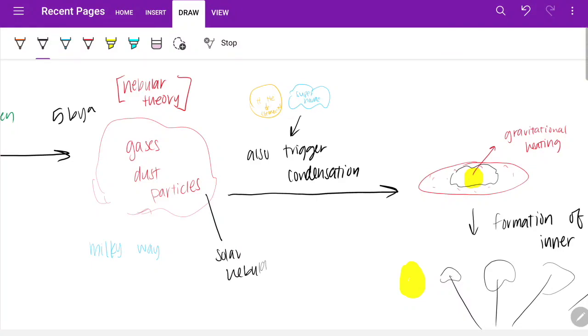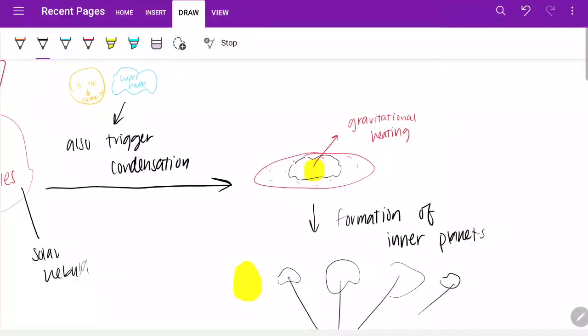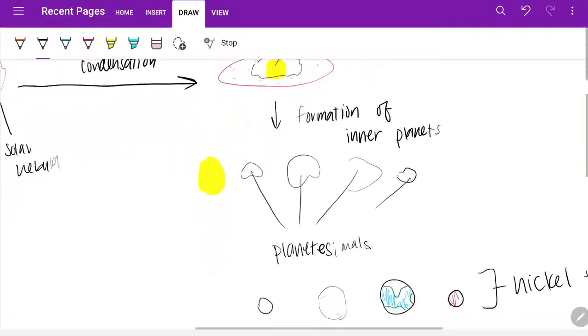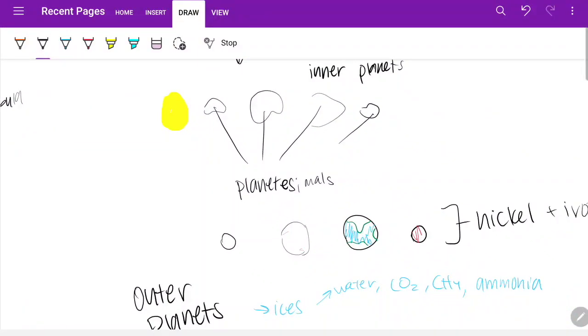Within the solar nebula, condensation processes led to the formation of a disk-like structure, which extended out as more condensation occurred into the disk of our solar system, with the sun at the center, and then our four inner planets, Mercury, Venus, Earth, and Mars, and our four outer planets, Jupiter, Saturn, Uranus, and Neptune.